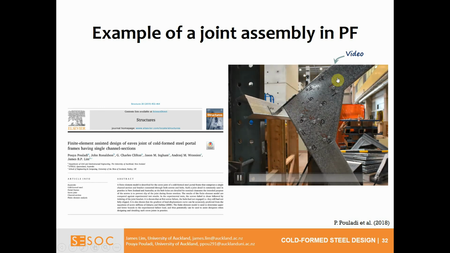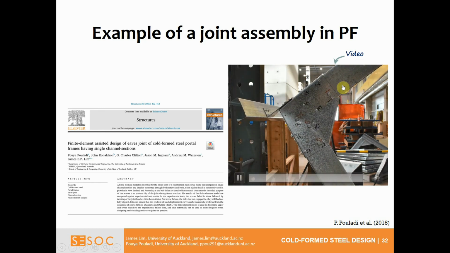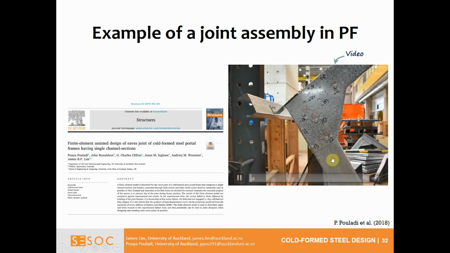So you can see load is coming onto the joint, one channel section here and another channel section here, and you can see a gusset plate here, and then the two channel sections on either side have been bolted or screwed through to the plate, forming your moment resisting joint.